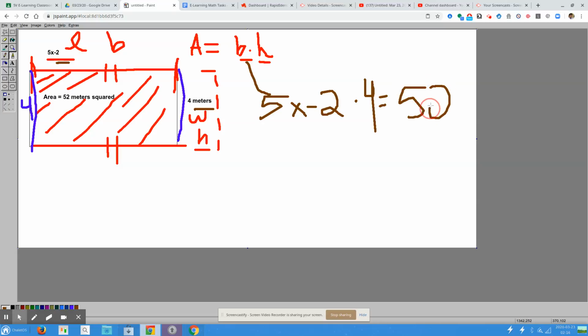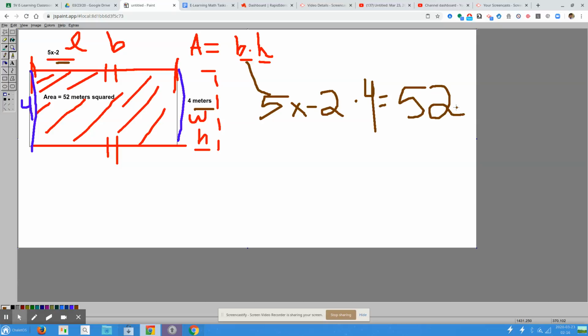We have to write the equal to 52 part because it's part of what we know. We know that if we multiply 5x minus 2 by 4, it would give us an area of 52, because base times height equals area, and the area is 52.